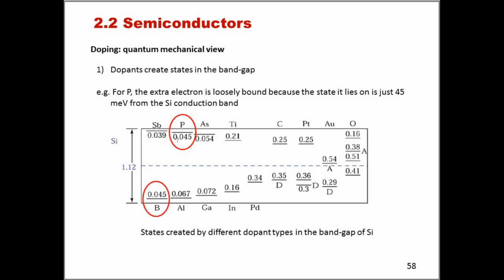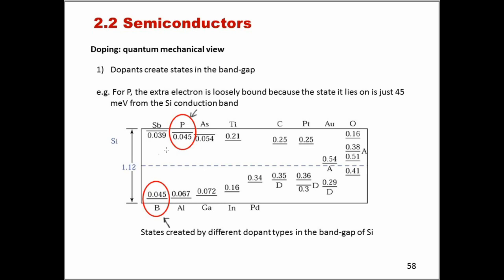As we can see in this diagram, there are examples of states generated by the different types of impurities we could think of for silicon. Phosphorus, for example, creates a state that lies 0.045 eV from the conduction band. On the other hand, boron creates a state that is 0.045 eV from the valence band of silicon.